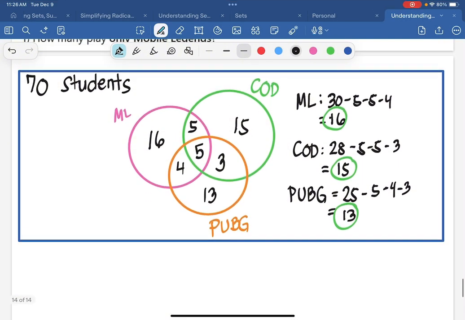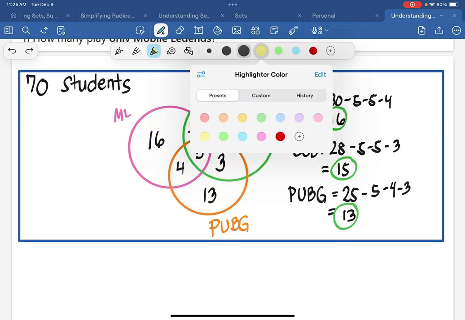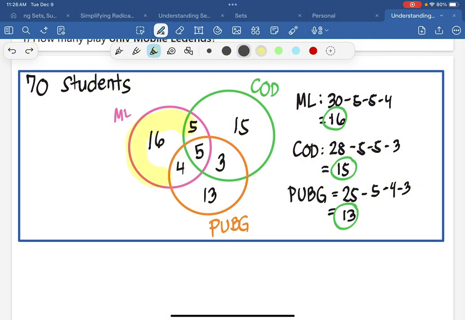This time, let us add all of the number of elements, or the union of the 3, to see if we have a complement based on the total number of 70 students. So let's just add first here all the numbers for ML. So we have 16 plus 5 plus 5 plus 4.